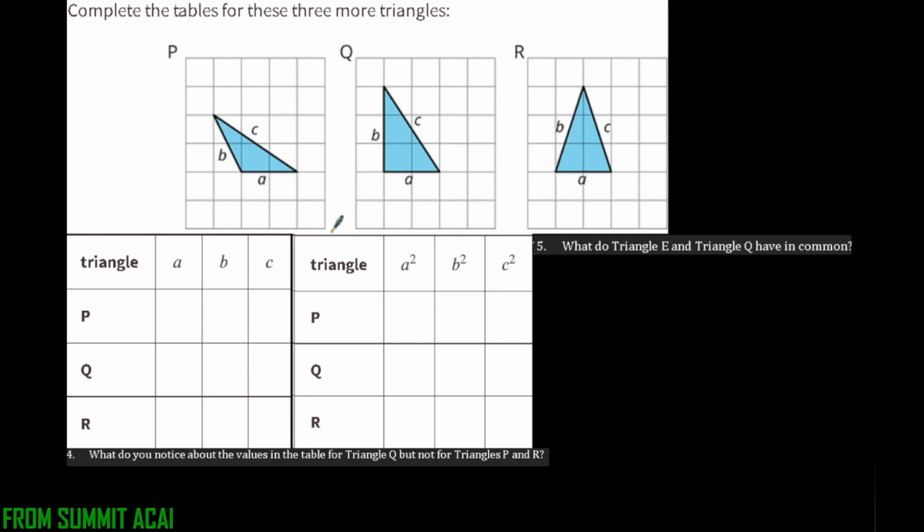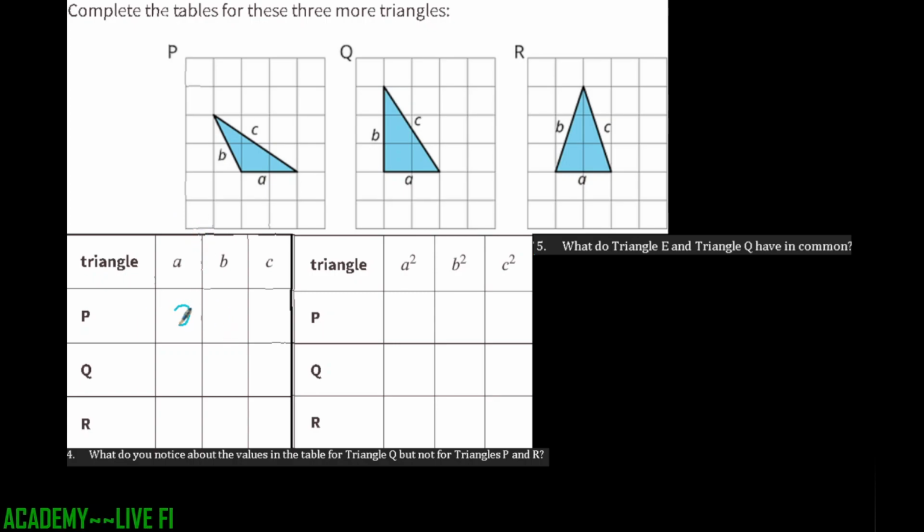All right, similar idea. It's just complete tables for those 3 other triangles. Same kind of setup. Find those side lengths. Let me double check one more time, yeah. I can give you these side lengths.